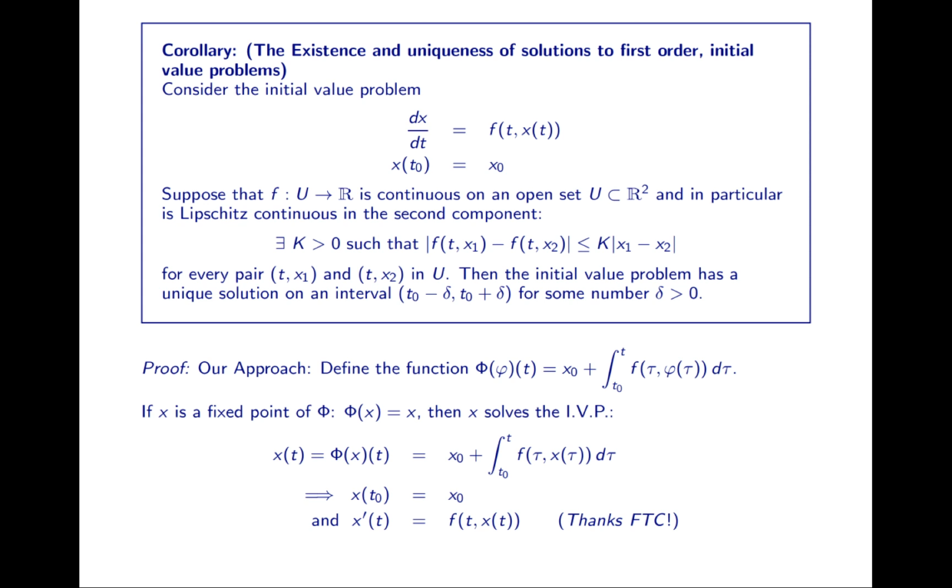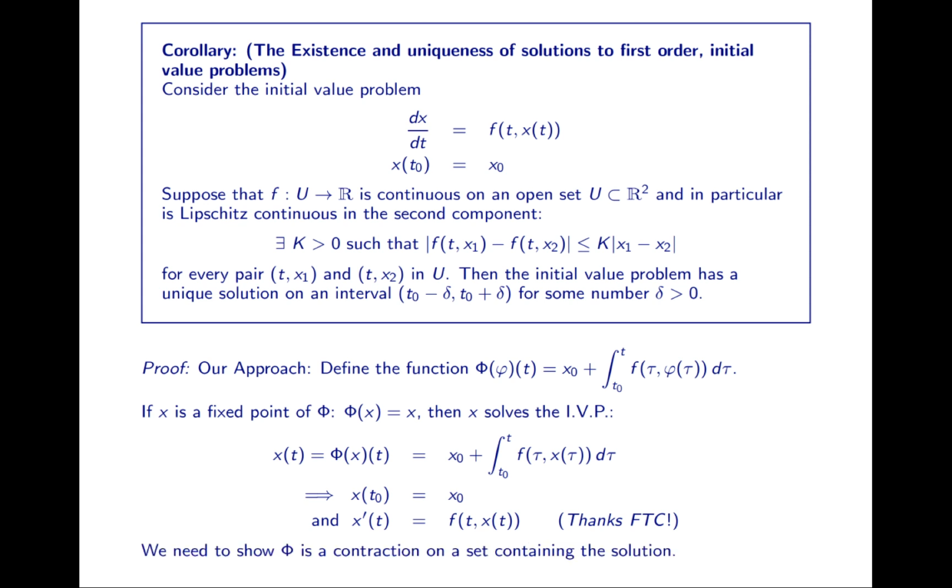So that's our goal, to show that big phi has a fixed point. How do I show it has a fixed point? Well, if I can show that big phi is a contraction, mapping a metric space onto itself, then it must have a fixed point.